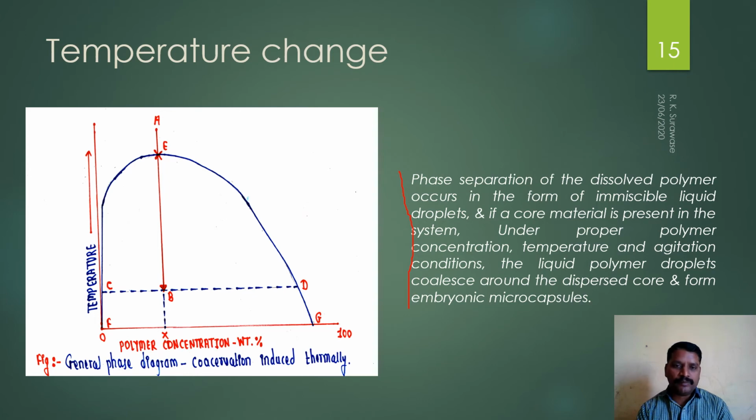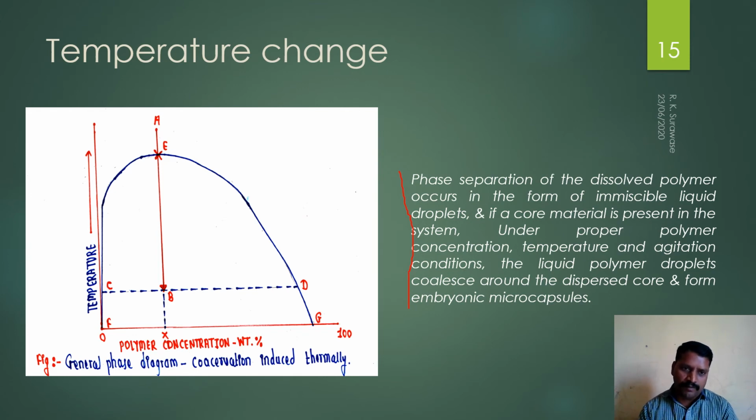Now below this point, means the binodal curve F, E, G, this ethyl cellulose is insoluble in cyclohexane, that means insoluble in the liquid manufacturing vehicle phase at room temperature. But it will be solubilized, as the solubility of ethyl cellulose increases gradually as the temperature increases to the boiling point.